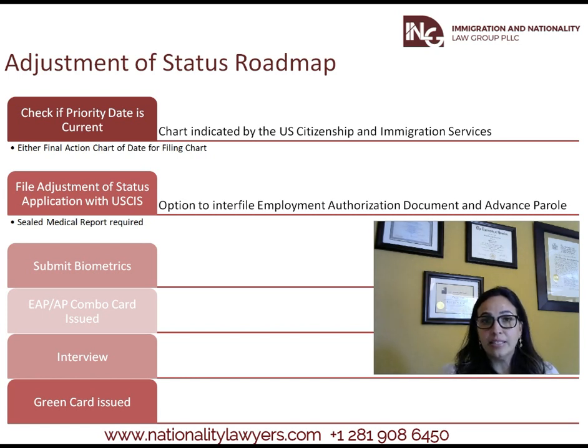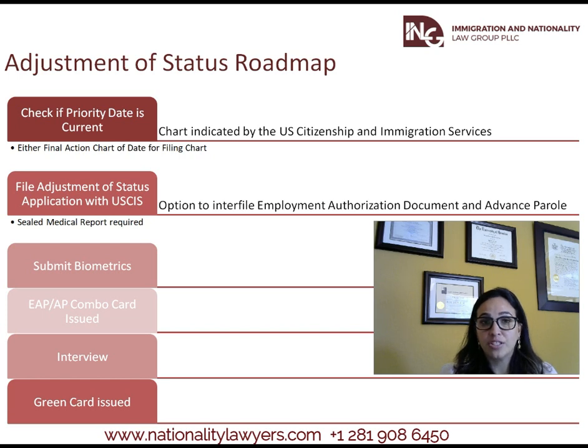The dates for filing usually are not as backlogged as the final action dates. So USCIS each month will release which of the charts they are accepting for the filing of the adjustment of status application.